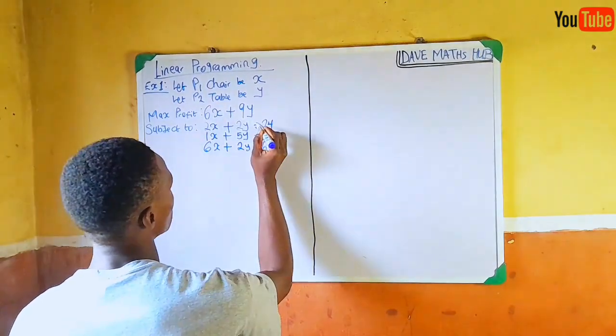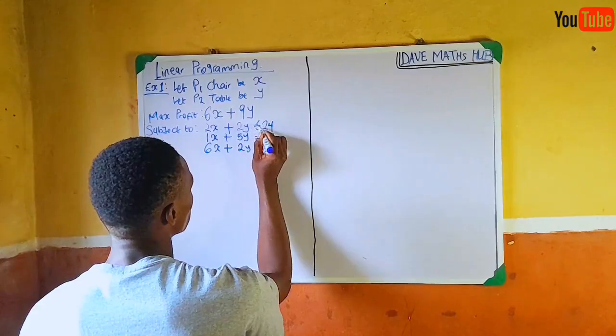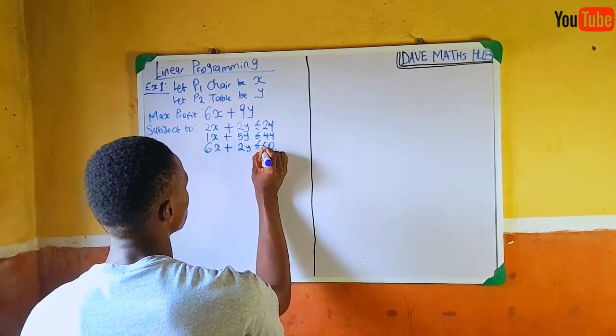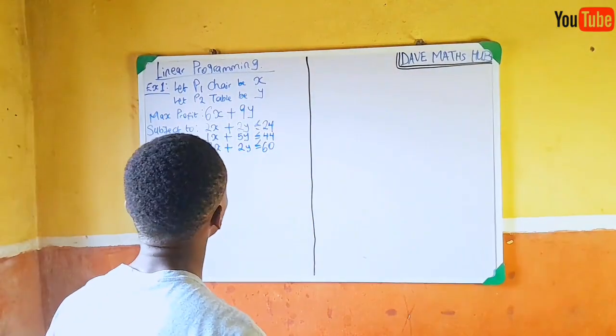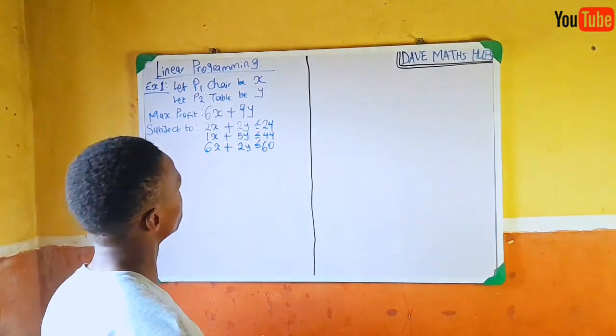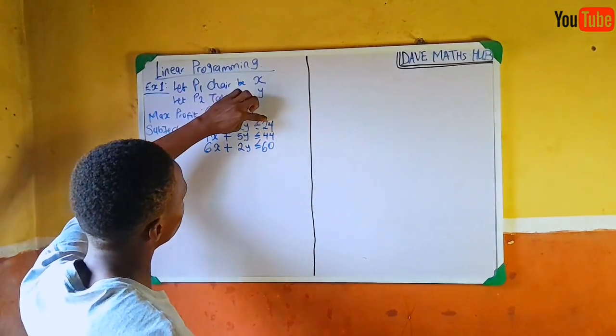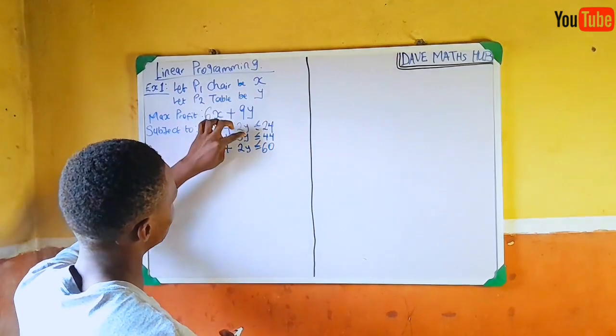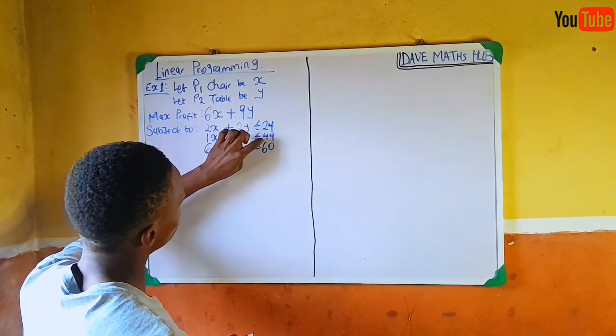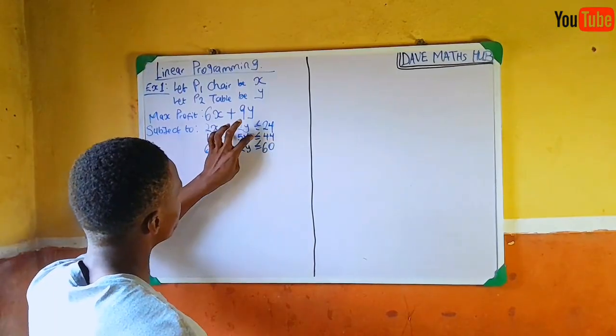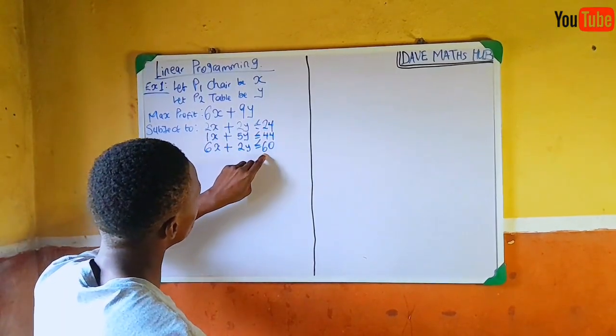So this equal to now will become less than or equal to, because we are trying not to go beyond that boundary. We can use the 24 hours complete or less than it, the 44 hours complete or less than it, the 60 hours complete or less than it.